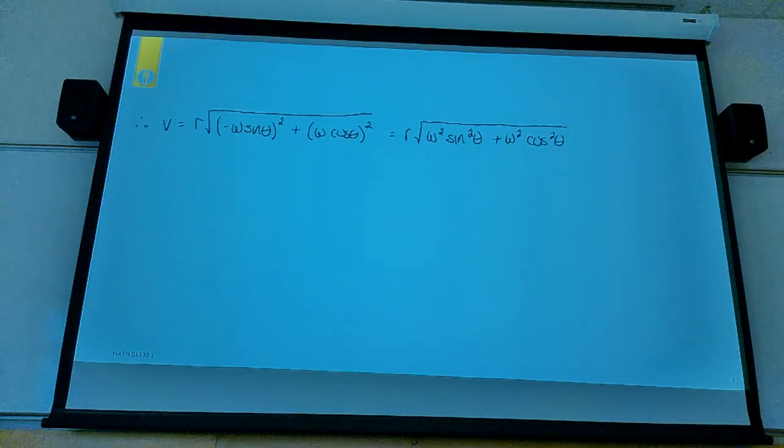What's under that square root is just omega squared. But omega is angular speed, which is always non-negative. So the square root of omega squared is just omega. And we get r omega.